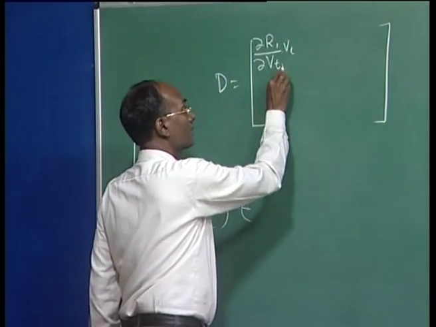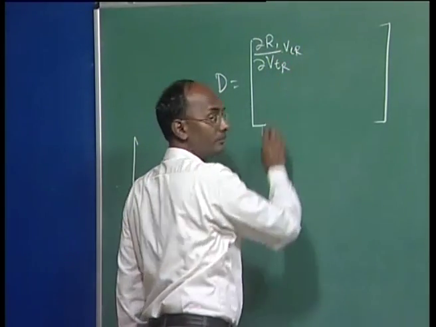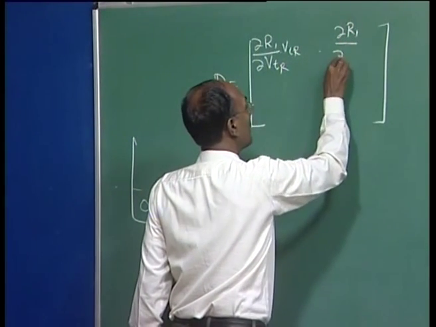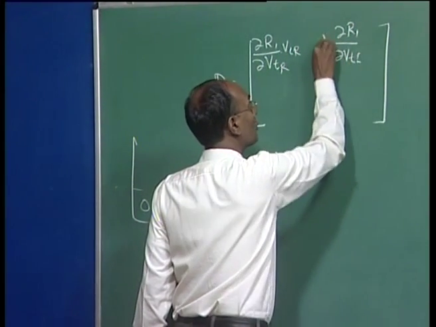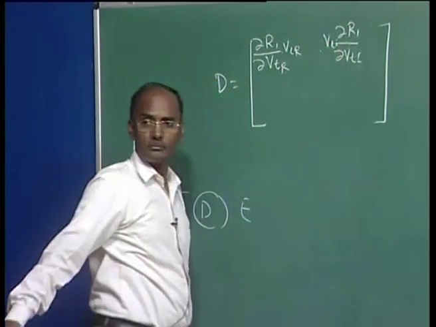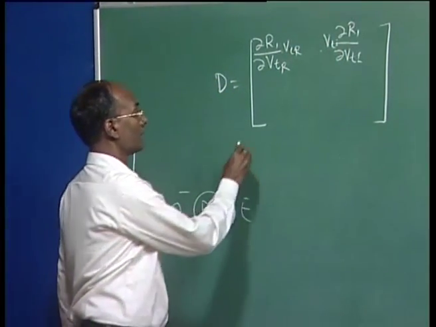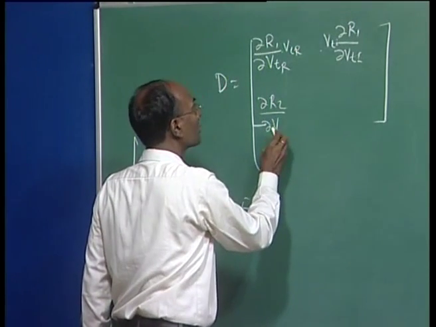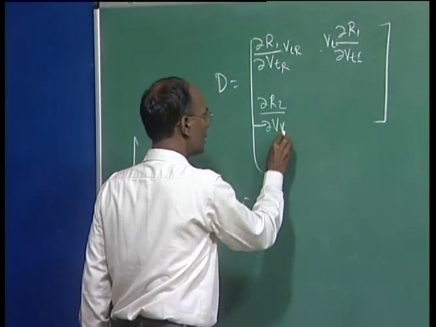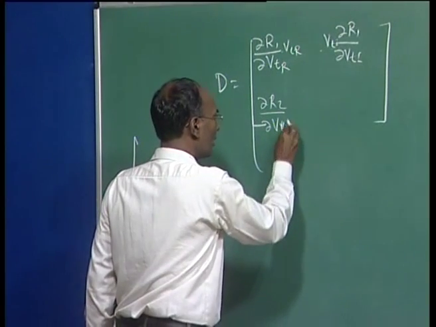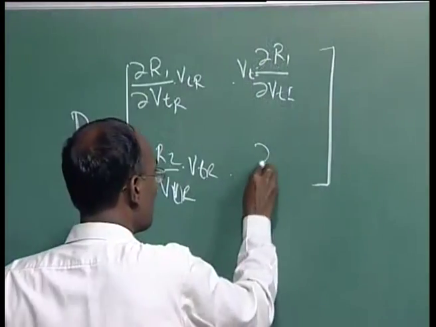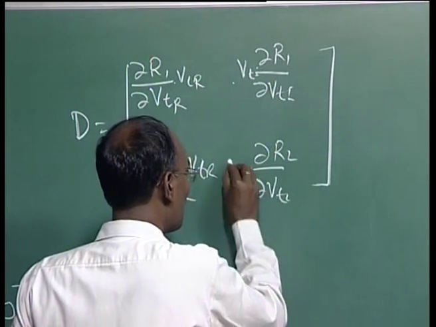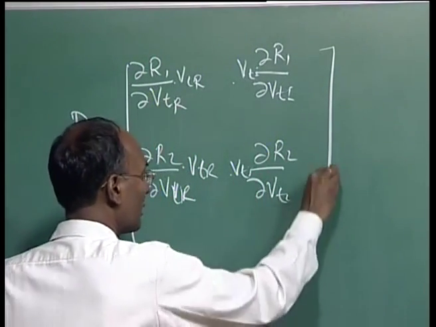So, here if I write this R1 del Vti into Vti. Then here it will be del R2, here this is the Vtr into Vtr, here del R2 Vti, and here Vti just it will be multiplied.